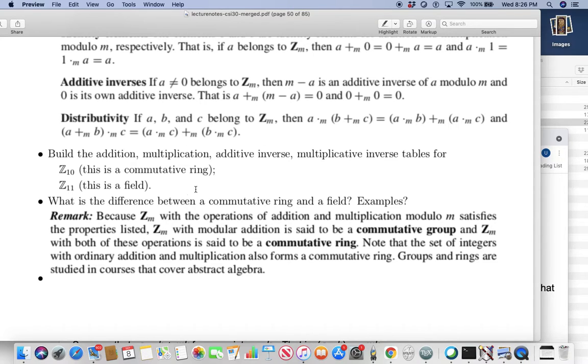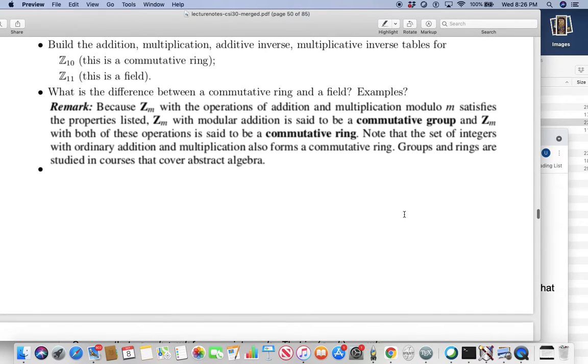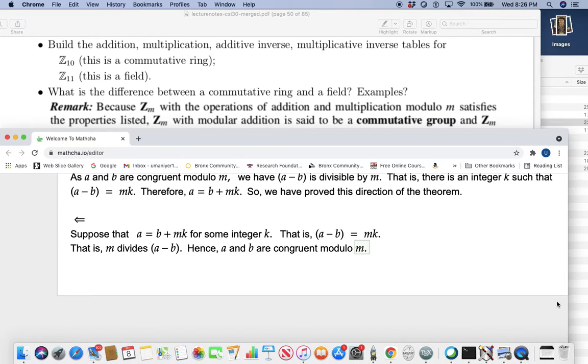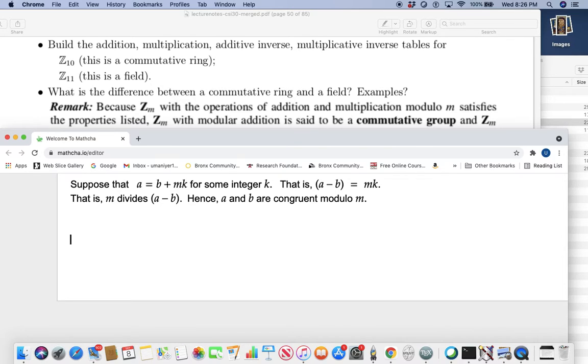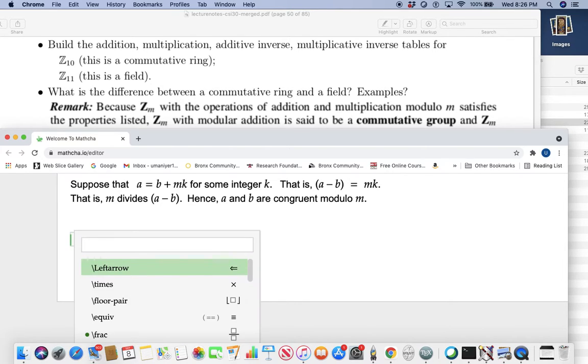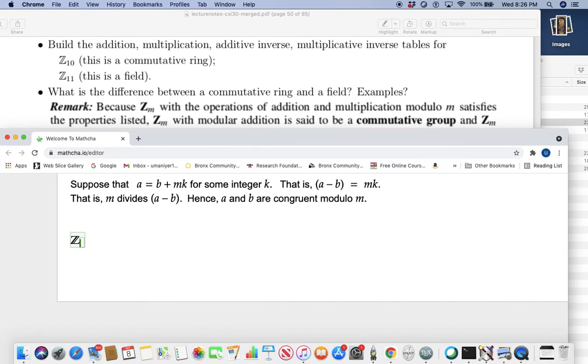This is something that you need to go over a bit carefully. Let's go through Z10. You will see what we mean by addition and multiplication modulo m.